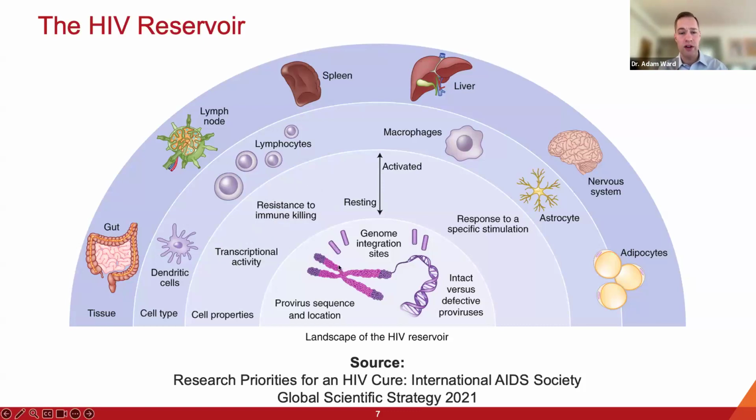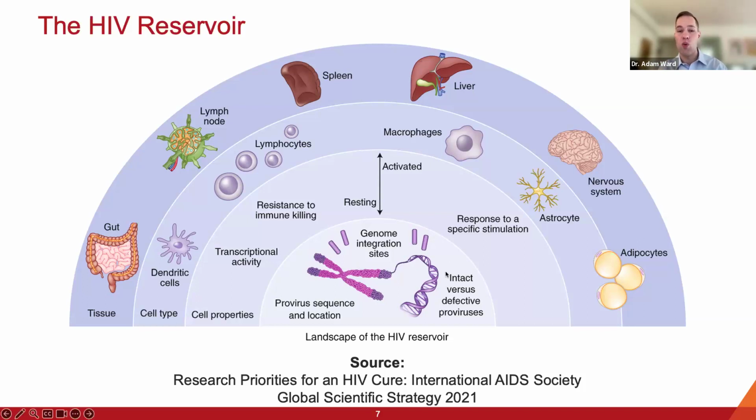And then lastly, this inner ring describes the provirus sequence and location. So where exactly in the human genome has the HIV DNA integrated? And we call this the integration site, the genomic integration site. And we think this integration site may be important for HIV biology and HIV persistence, but also may be relevant to certain HIV cure strategies.